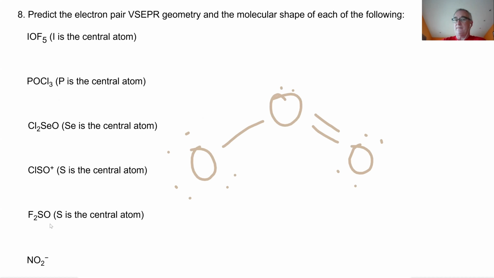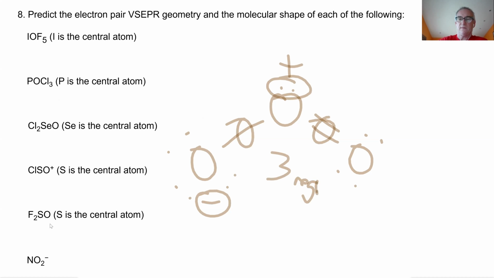So it looks like that, right? If the central oxygen is positive and one of the peripheral oxygens is negative, it's sp2. One region, 2, 3, so 3 regions of electron density.